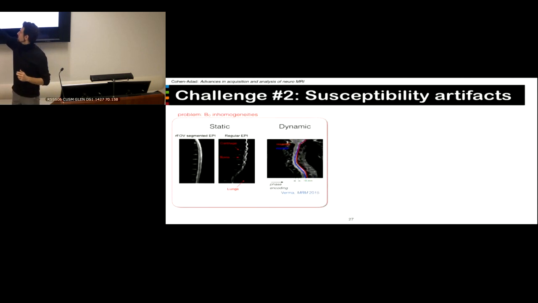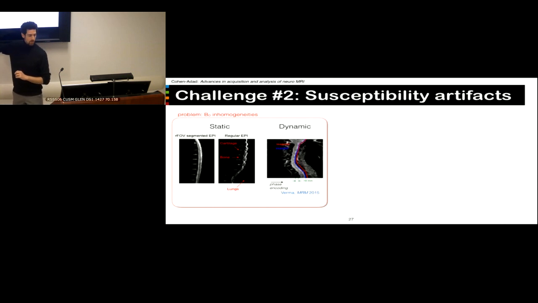So what you see here is an experiment where we asked a subject in the scanner to inspire, to keep their inspiration for 10 seconds, and we acquired some EPIs. Then we asked the subject to expire, we acquired another EPI, and what you see is basically the back and forth between those two EPIs.